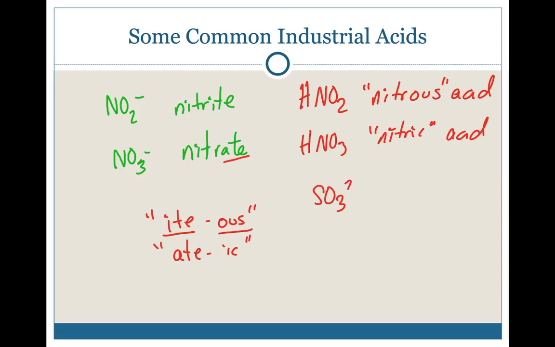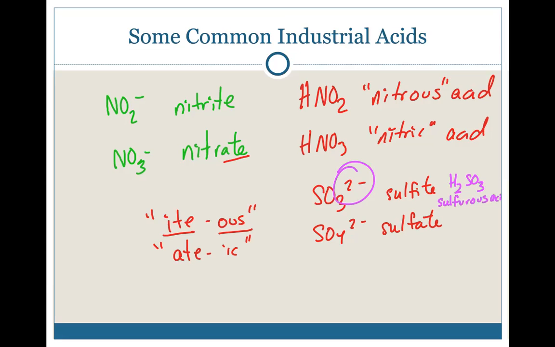Let's say SO3, SO4. This is sulfite, sulfate. So if I have H2SO3, right? I need 2 hydrogens to neutralize the -2 charge on sulfite. This is called sulfurous acid, ite us. Sulfate, H2SO4, sulfuric acid.